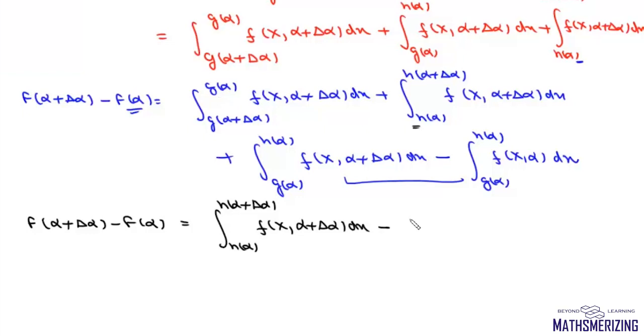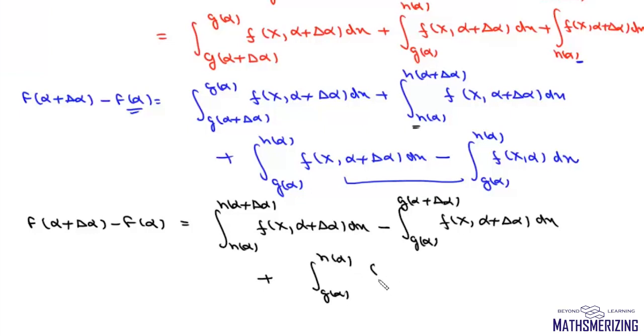So I'll write minus the integral from g(alpha) to g(alpha plus delta alpha) of f(x, alpha plus delta alpha) dx, and then plus this integral from g(alpha) to h(alpha) of f(x, alpha plus delta alpha) minus f(x, alpha) into dx, and we'll divide everything by delta alpha.